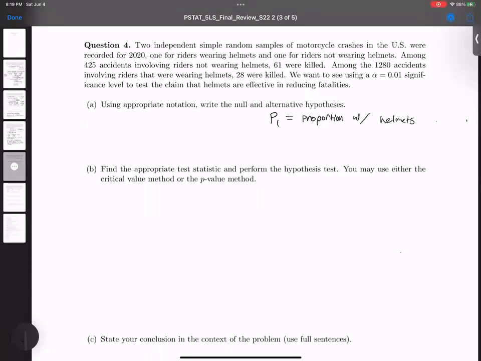I just don't remember which one I did on the solution sheet, so if we have to go back to that, I wanted to be consistent, but oh well. So population 2 would be the proportion of deaths without helmets.